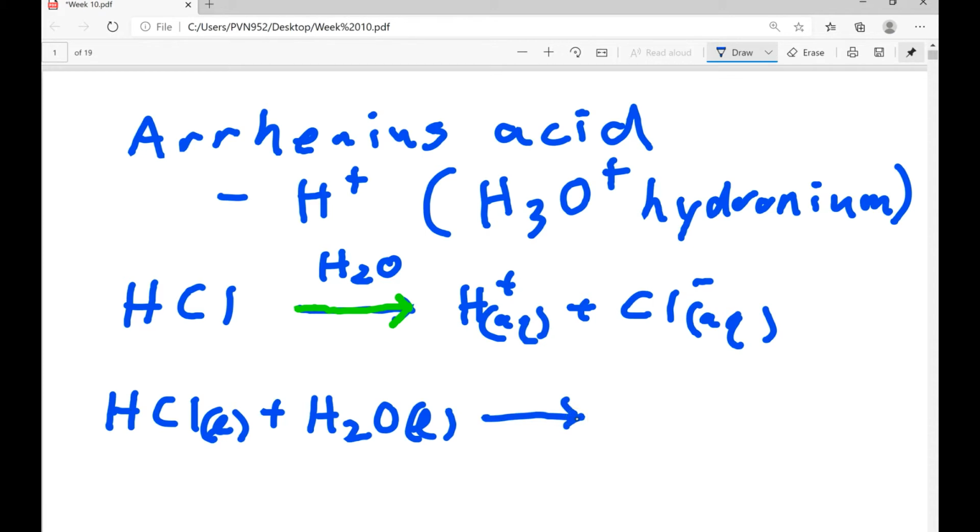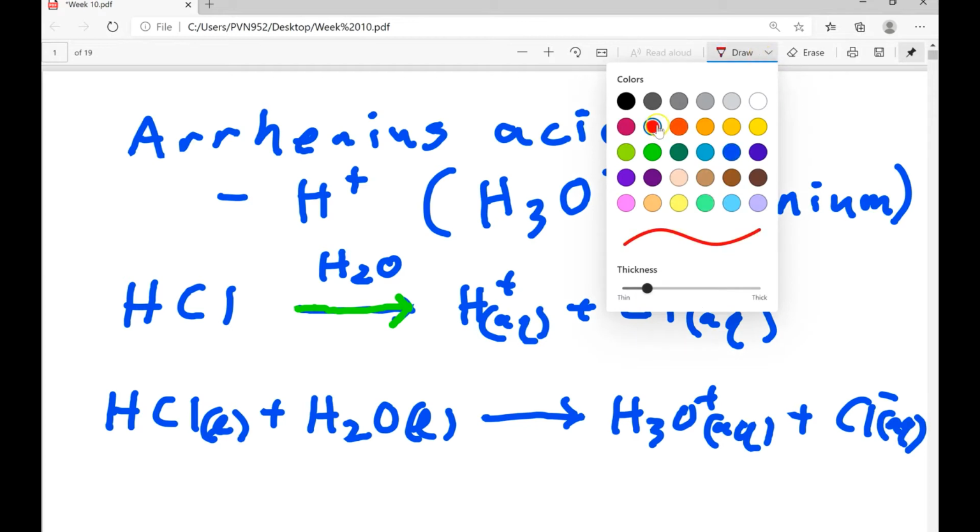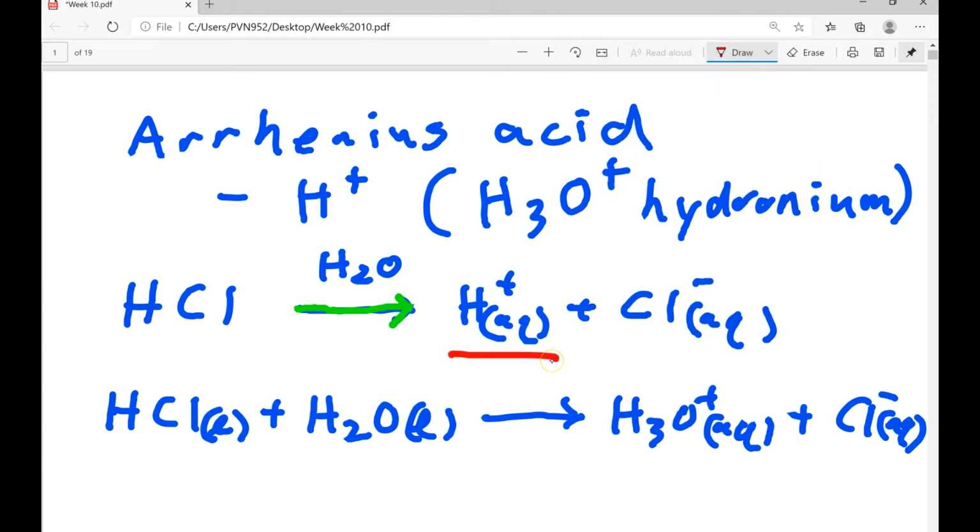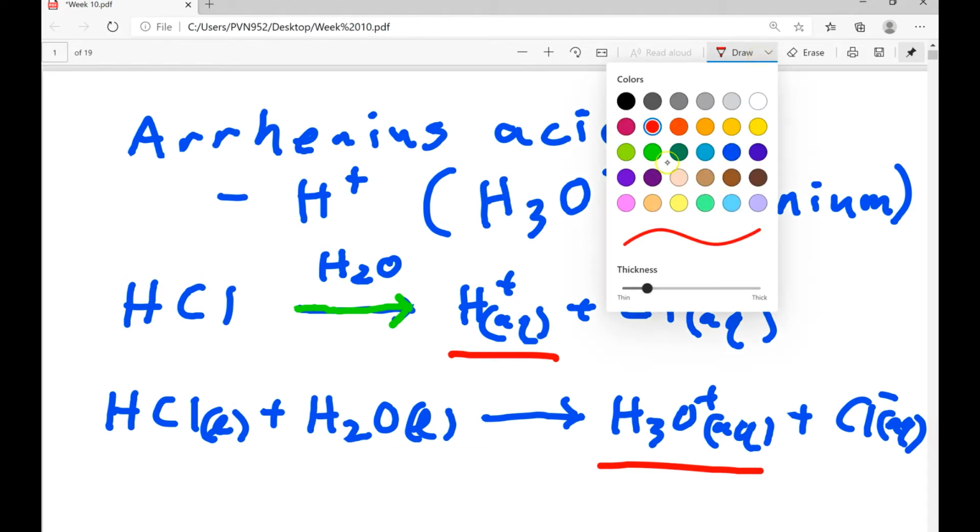One way we can denote the Arrhenius acidity of HCl is to show that in solution, HCl forms H3O+ aqueous and Cl- aqueous. So by definition, HCl is what's called an Arrhenius acid because it generates H+ aqueous cations or hydronium ions in solution. So that's an example of an Arrhenius acid.